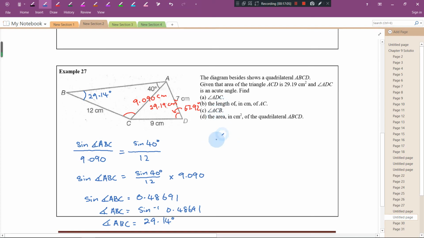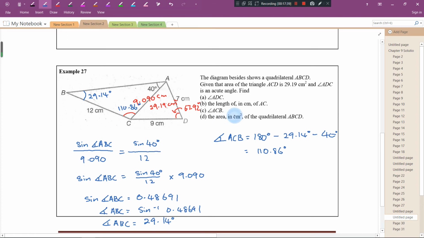So ACB is equal to 180 degrees minus 29.14 minus 40, and then we will be able to get this angle. It is equal to 110.86 degrees. Let me label it first.